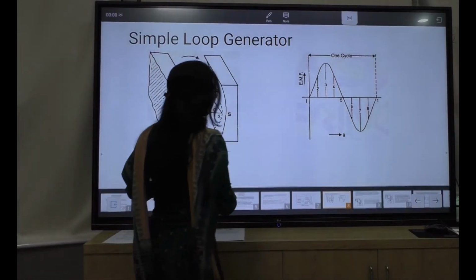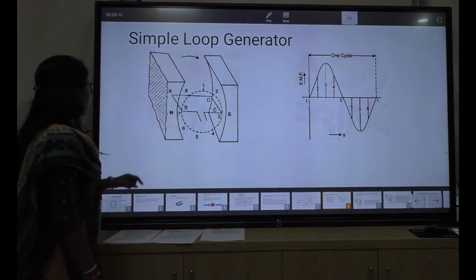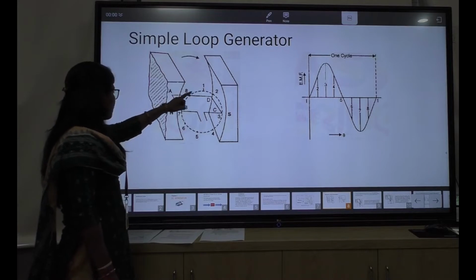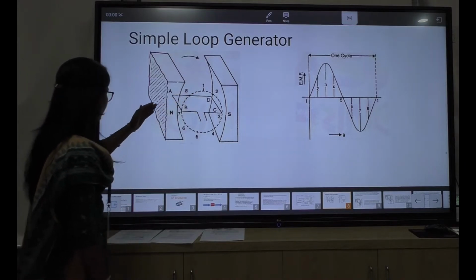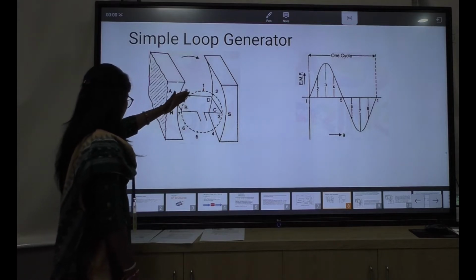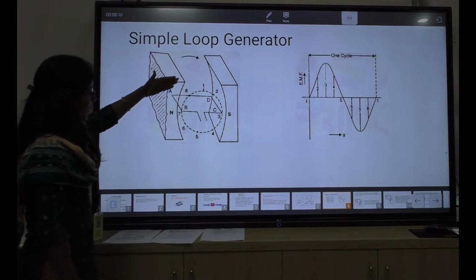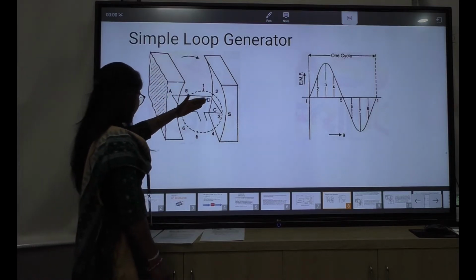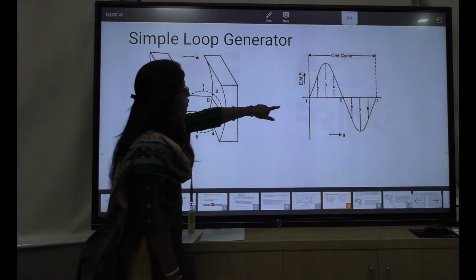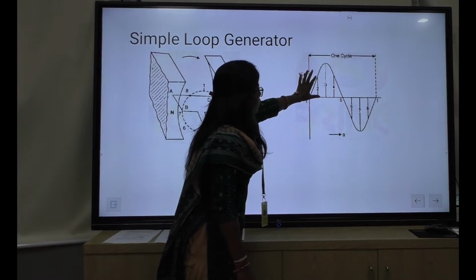At point 1 the EMF is 0, and when the loop is rotated to position 2, the coil side is moving at an angle. At that point the conductor cuts some magnetic lines of flux, so some EMF is generated, which is indicated by 2. This 2 gives a small amount of EMF.